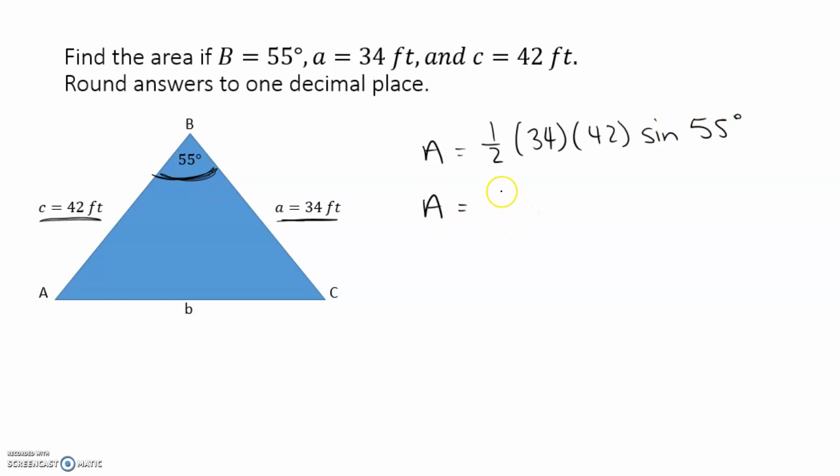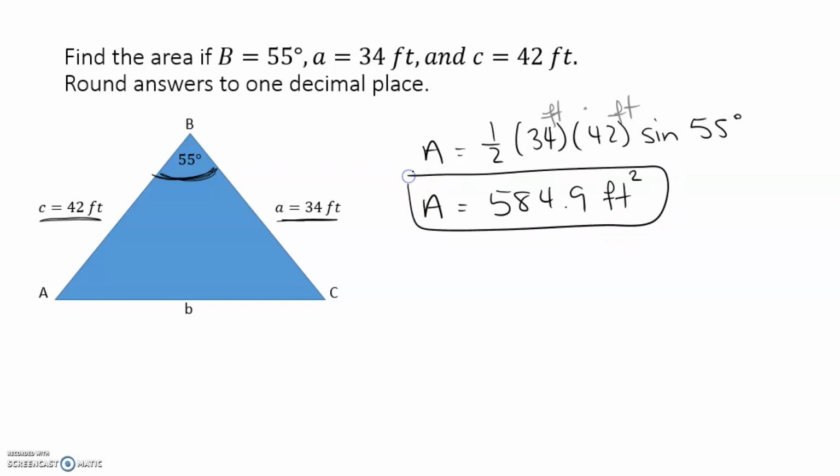So this would be around 584.9 feet. And since we're talking about area, all your units are going to be squared, so feet squared. And that's actually coming from right here. You had 34 feet and then 42 feet. So we had feet times feet, which would give us feet squared. So this would be your answer right here.